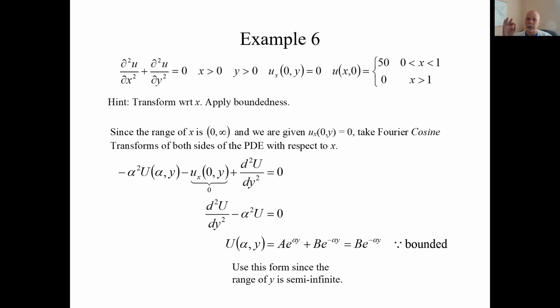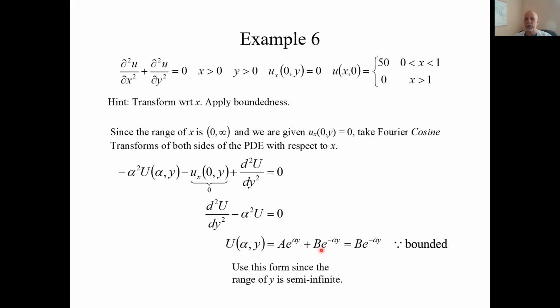Here's a little twist to this problem. There were two forms of this solution, either the Cauchy-hyperbolic form or this exponential form. This is now in y, right? The range of y is semi-infinite, so we use this exponential form. Here would be the solution.